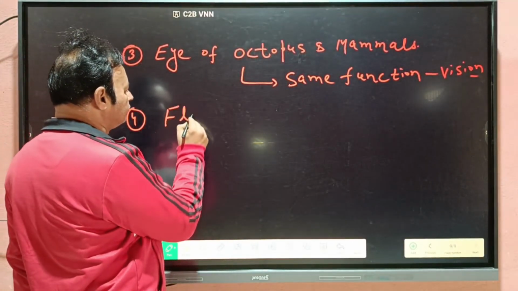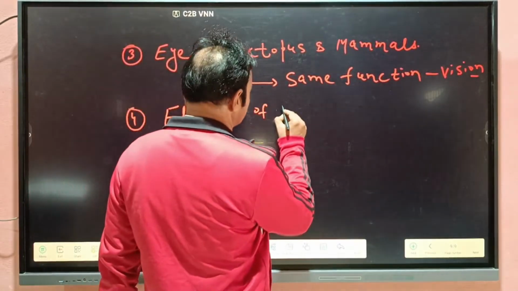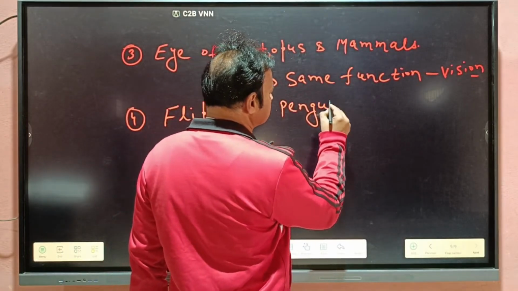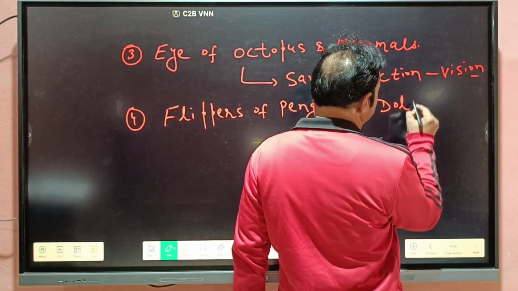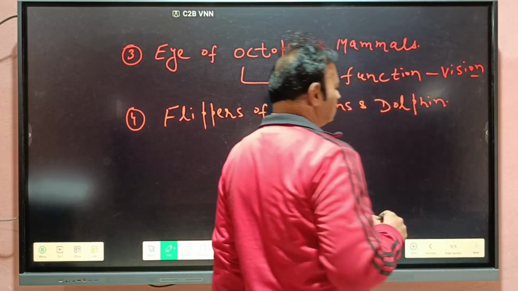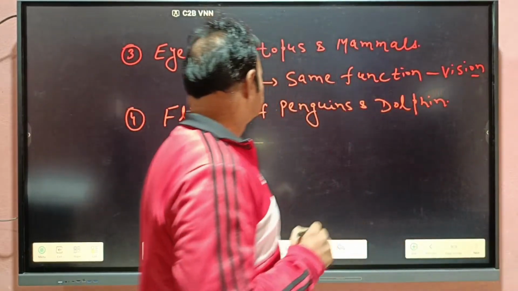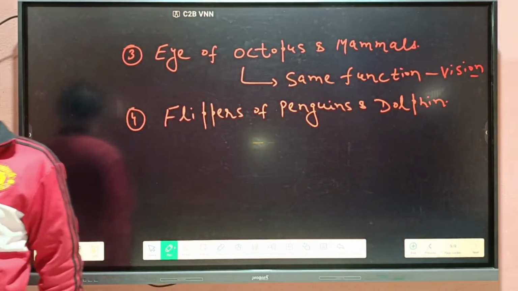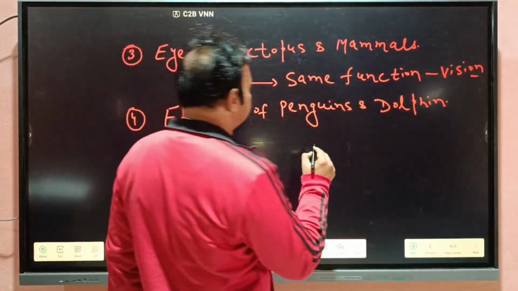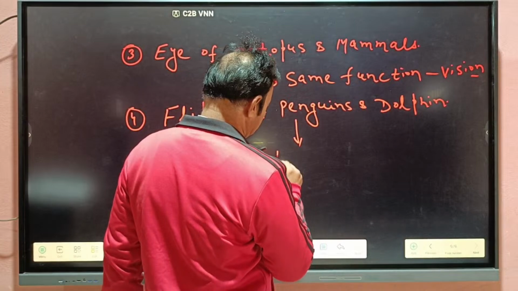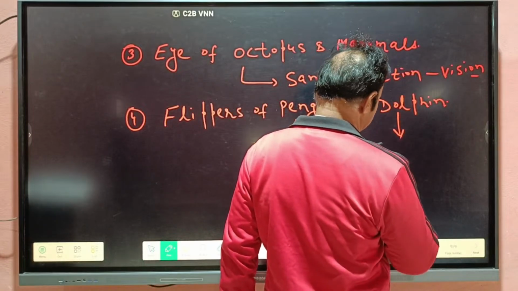Flippers of penguin and dolphin are also examples of analogous organs, because penguin is a bird and dolphin is a mammal.